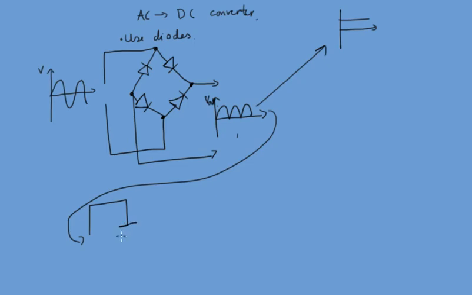So we've got a capacitor, and we've got it in series with a resistor. So a capacitor, a resistor, and then what we get out here, we've earthed it down here, is something that looks a lot more like a DC supply.